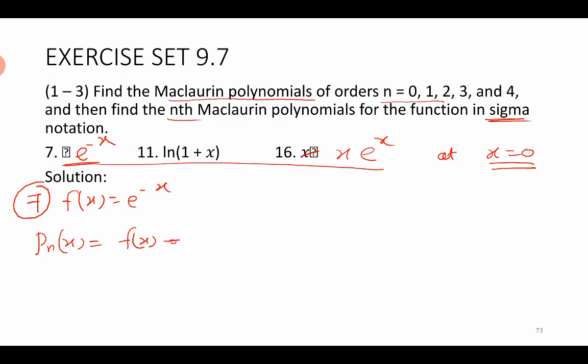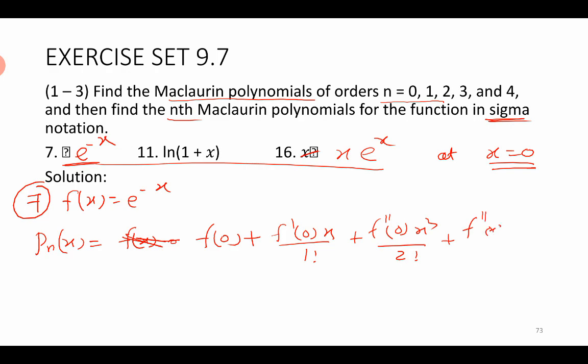So what is it? X is 0, we can write f of 0 plus f dash of 0 x divided by 1 factorial, f double dash of 0 x square divided by 2 factorial, f triple dash of 0 x cube divided by 3 factorial, and the nth term, f nth derivative at 0, x power n divided by n factorial.